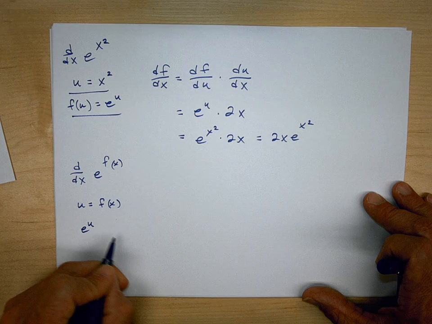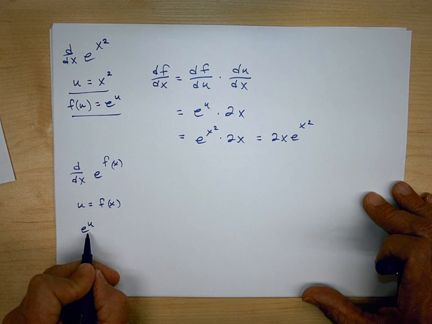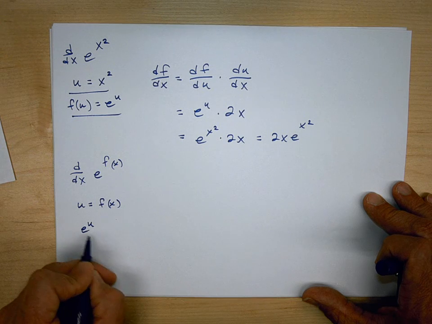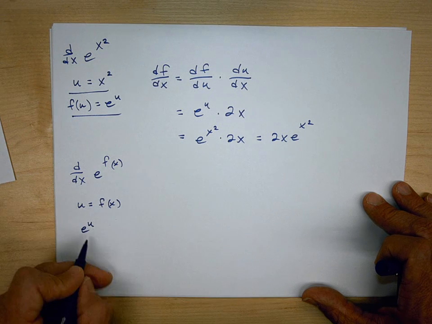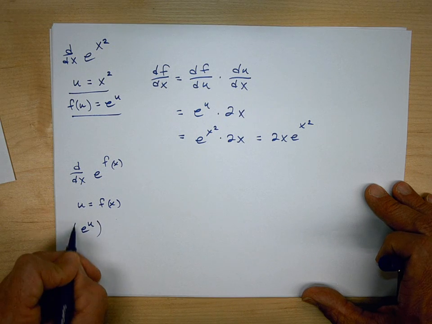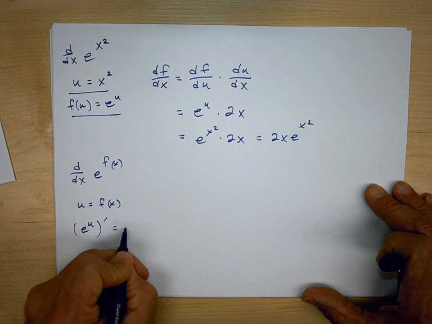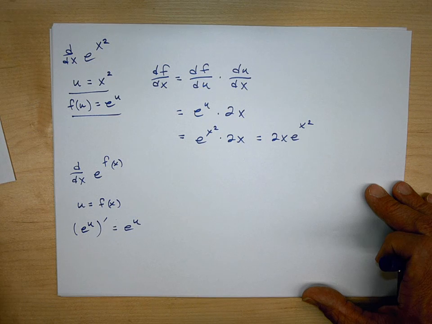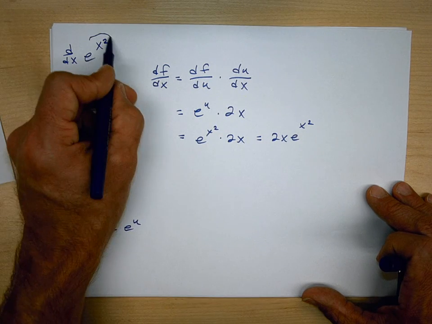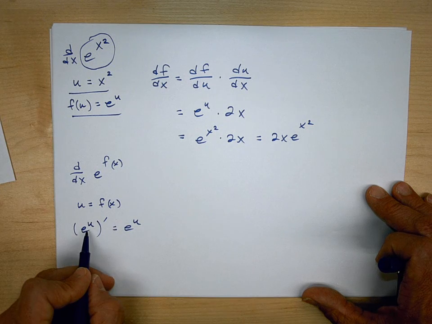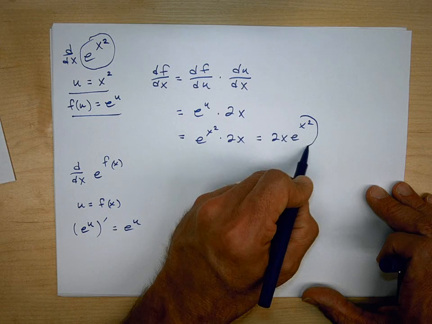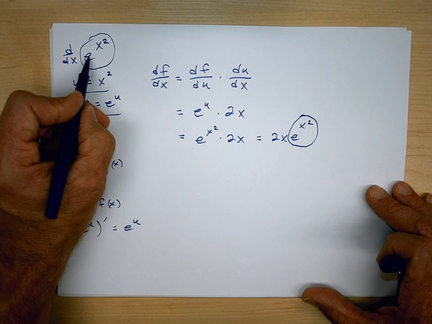Using the prime notation, the derivative of e to anything is just e to the same thing, so I'll always end up with the e to the same function that I started with.